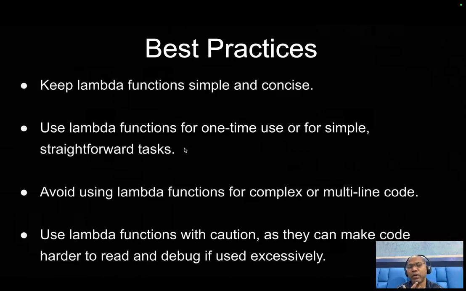So these are some basic points that we as developers, as software engineers, have a responsibility to keep in mind while writing Lambda functions. Lambda functions are highly used, or you can say a utility, in Python as a programming language for writing very simple, concise, readable code.